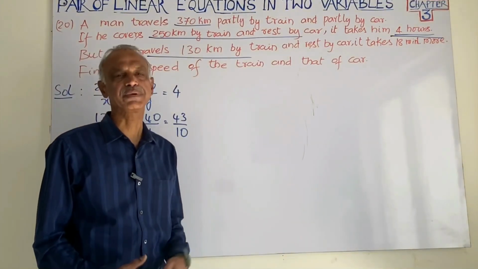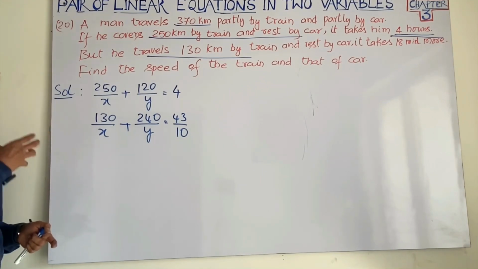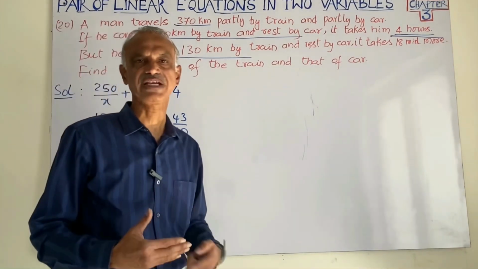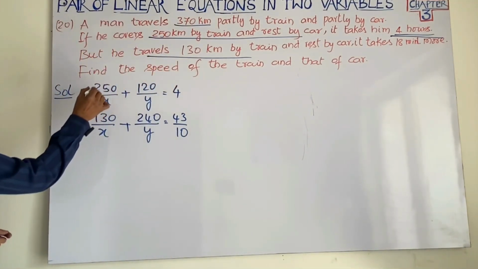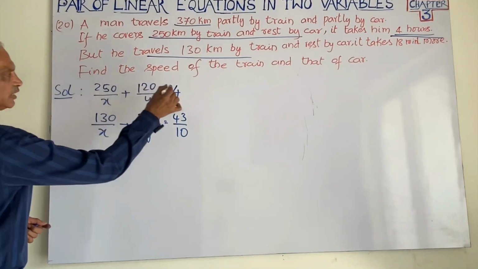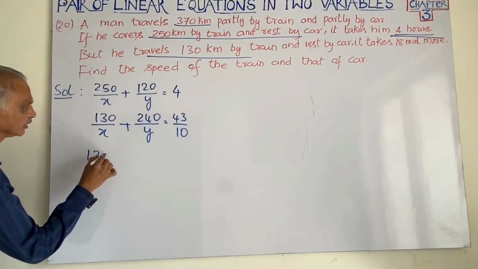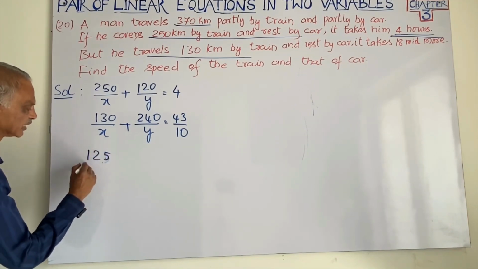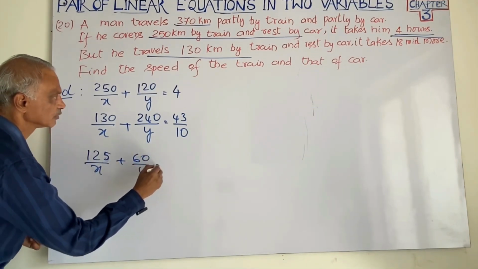Now we prepared a pair of linear equations and we have to reduce the pair into another pair of linear equations and find the values of x and y. You see, 250 and 120, you take 2 common, it can be written as 125 by x plus 60 by y is equal to 2.